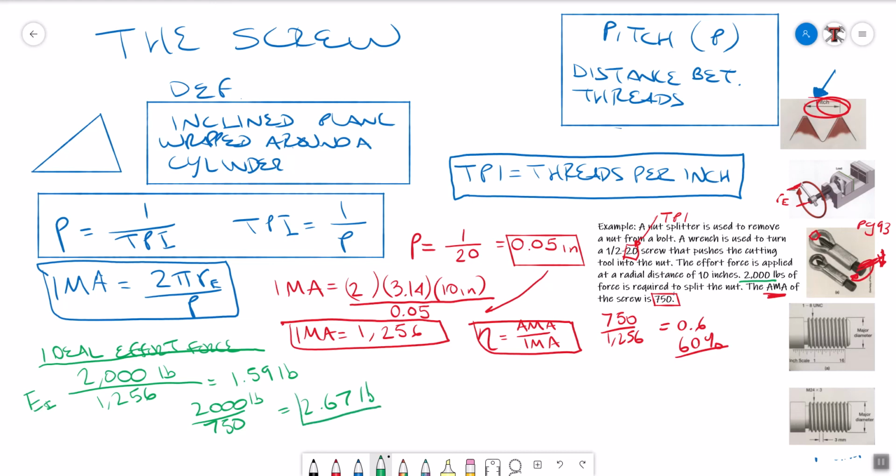And so that is how much actual effort you are going to have to put in order to turn that screw. So this hopefully illustrates for you how powerful a screw is, and which is why it is used all over the place as part of our modern tool set.